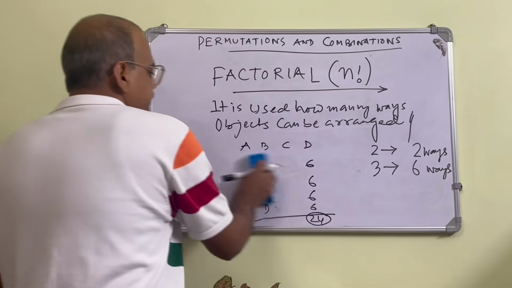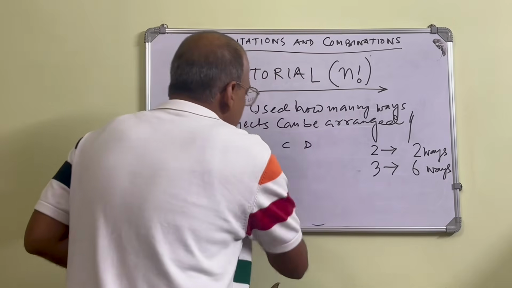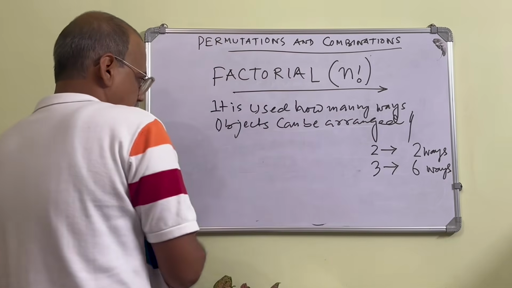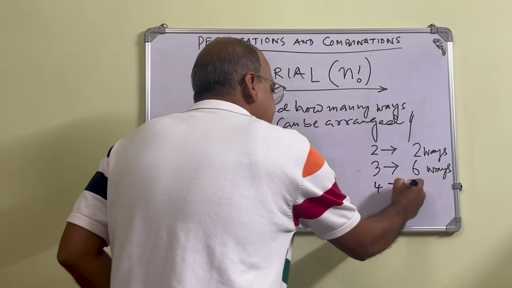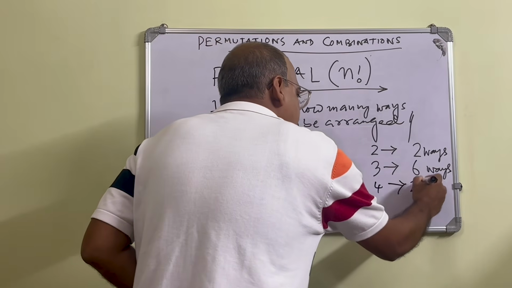So if I have 4 letters, I'll have 24 ways.